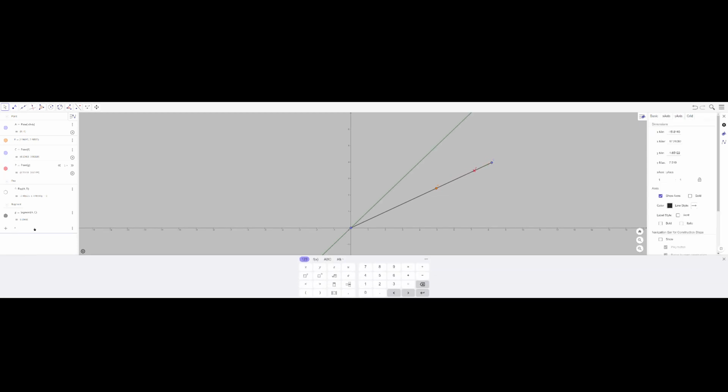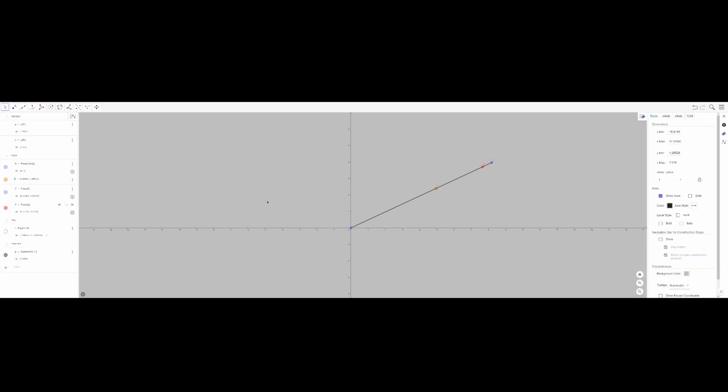I want the X value of P. I want the Y value of P. And I'm going to create an angle.